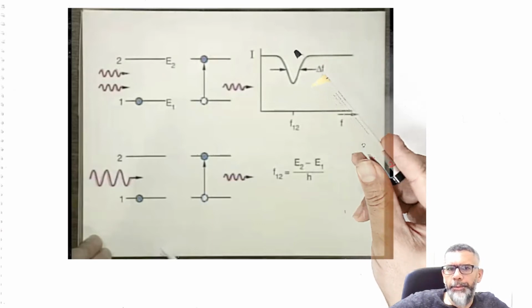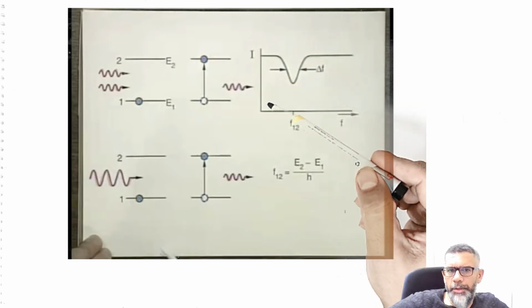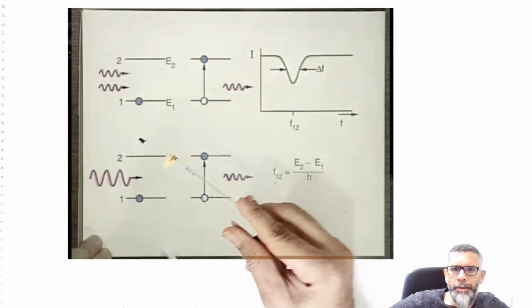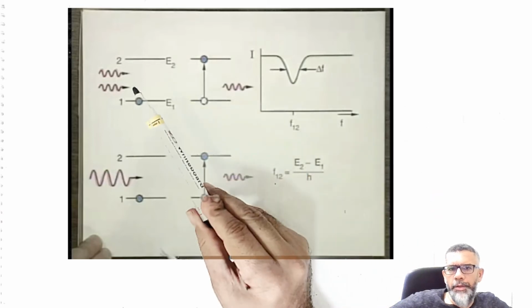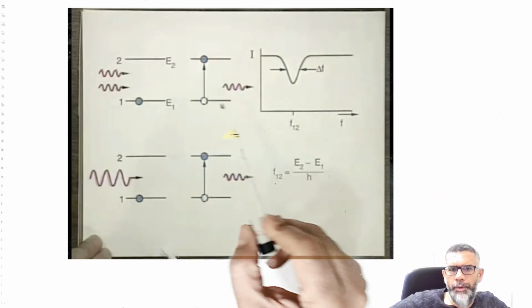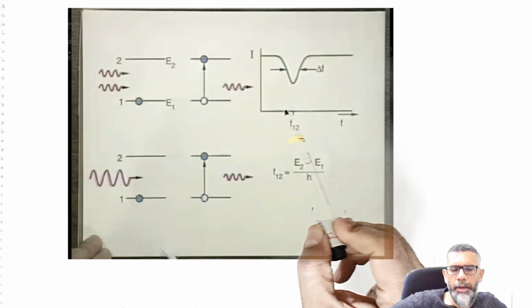In the spectrum, the vertical axis represents the intensity of the incoming light, and the horizontal axis represents the frequency. That means you can change the frequency of the incoming light from any value to any value.